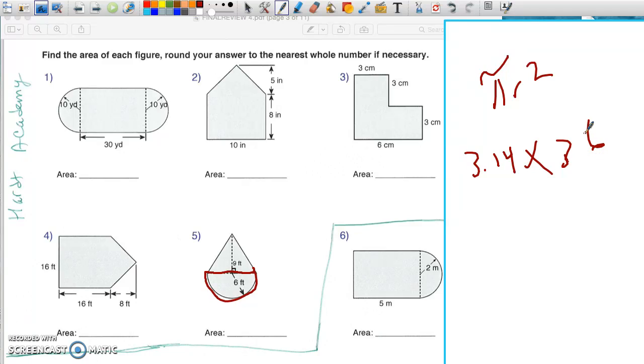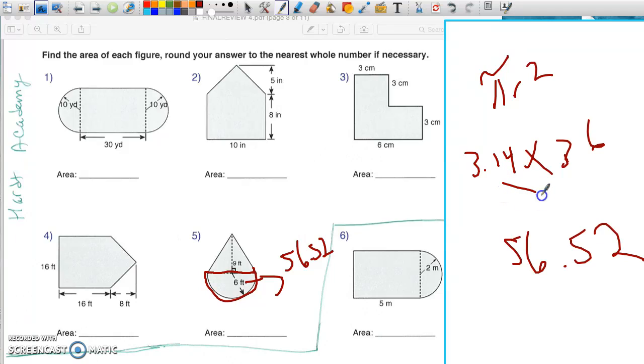So if I multiply those two, 3.14 times 36 equals 113.04, then I'm going to divide it by 2. So I would then have 56.52. So this amount of area is actually 56.52, because I had to take my answer and divide it by 2.